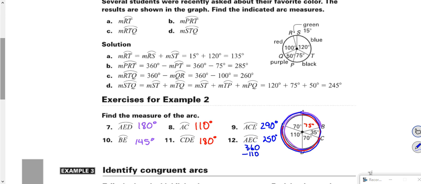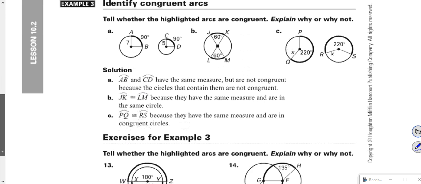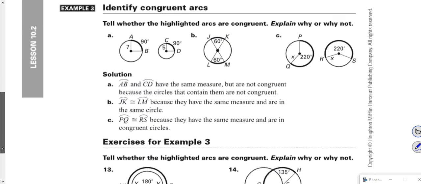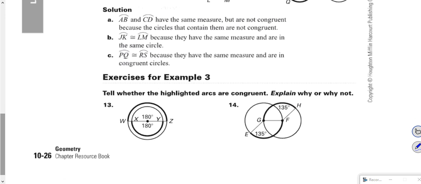Okay. All right. Now, congruent arcs. Remember, congruent arcs have to have, let me write this up here.